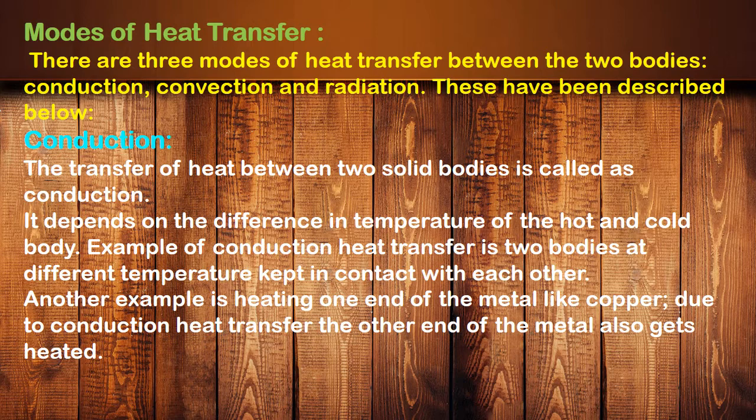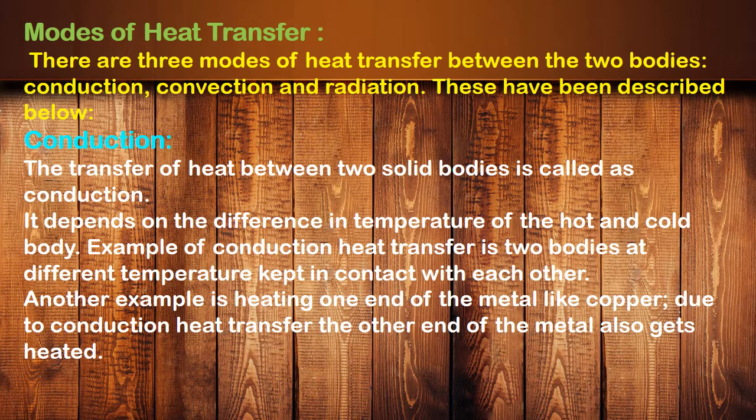An example of conduction heat transfer is two bodies at different temperatures kept in contact with each other. Another example is heating one end of a metal like copper. Due to conduction heat transfer, the other end of the metal also gets heated. It means if two differently heated bodies are kept in contact, then heat from the more heated body is transferred to the less heated body.